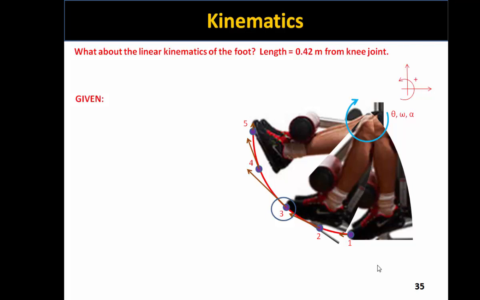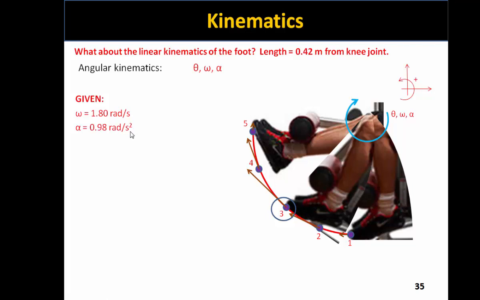So with those angular measures, now can we move to calculating the linear kinematics of the foot using the data that were provided? So we know that we have a few givens here. We have the angular velocity that we calculated in radians per second, 1.8 radians per second. The angular acceleration at 0.98 radians per second squared.